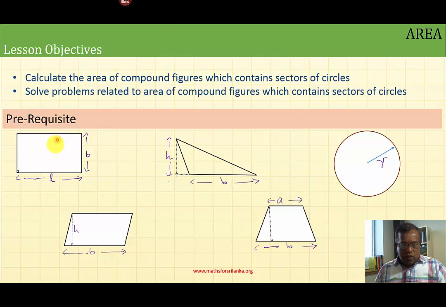So we're supposed to know the area of these figures that we see over here. This is a rectangle, a triangle, a circle, a parallelogram, and a trapezoid. Let's see if we can really remember those formulas first. Now, this is a rectangle of length L and breadth B. So the area of a rectangle is simply the length times the breadth.